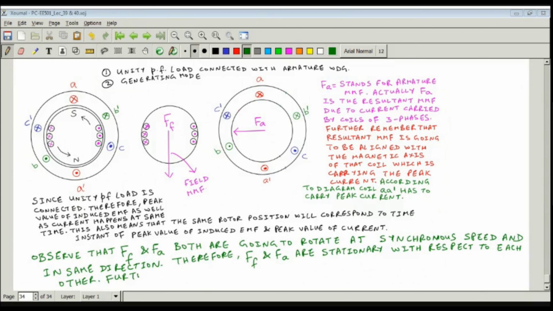Further, the space distribution of FF and FA are assumed to be sinusoidal.